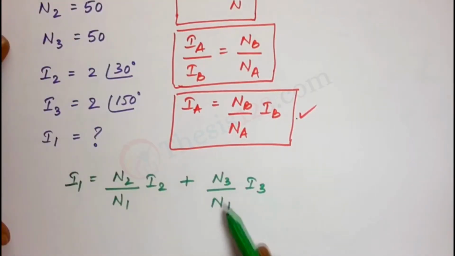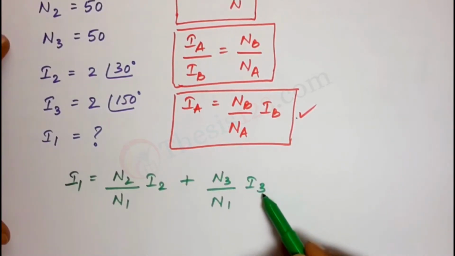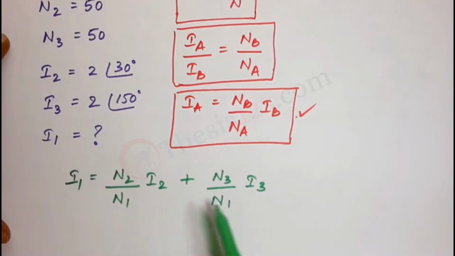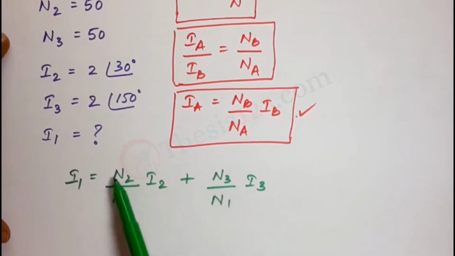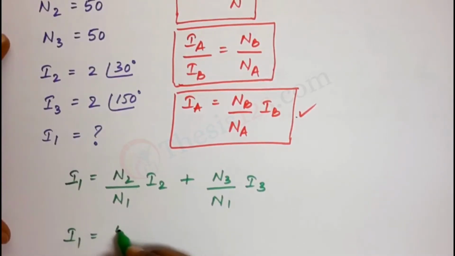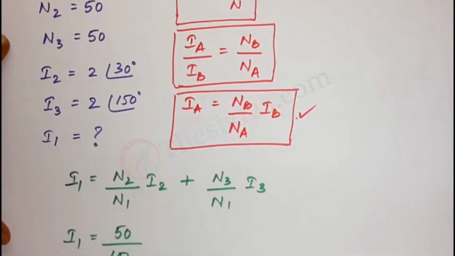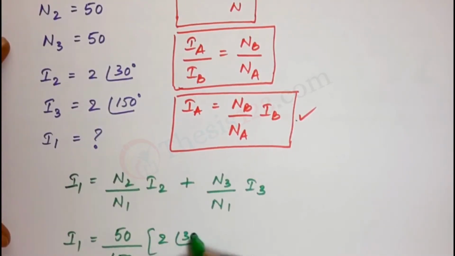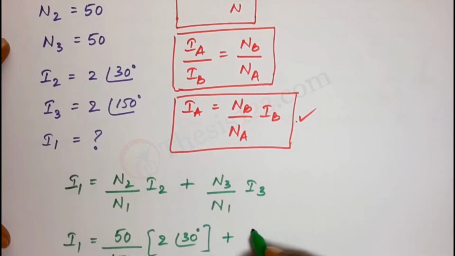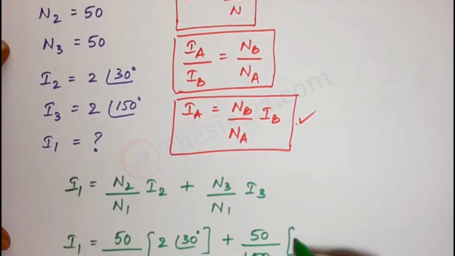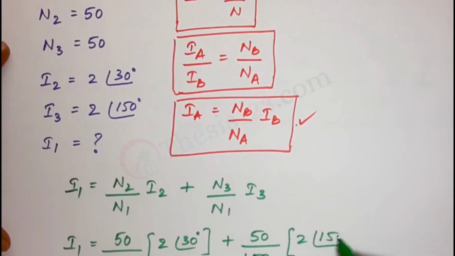Similarly, N3 by N1 is the ratio for I3. So I'm using this part here and writing it down for I1. Now we have the values of each of these parts. Let's put it in. I1 equals 50 by 100 into I2 is 2 angle 30 plus 50 by 100 into I3 is 2 angle 150.